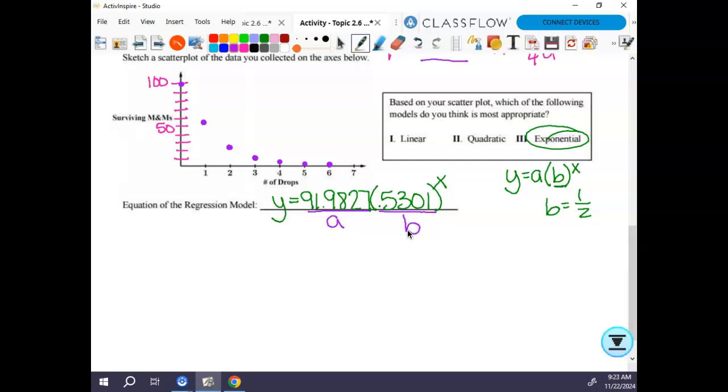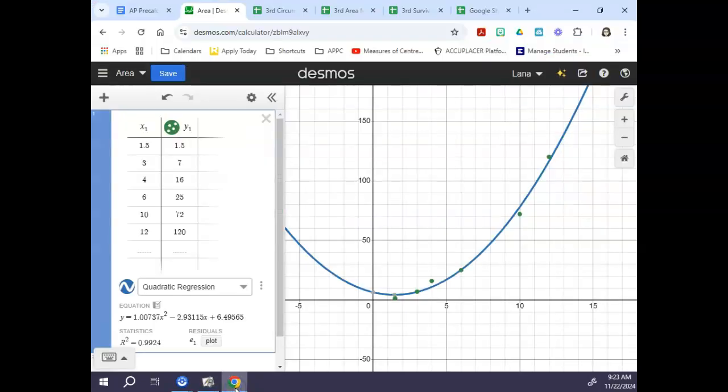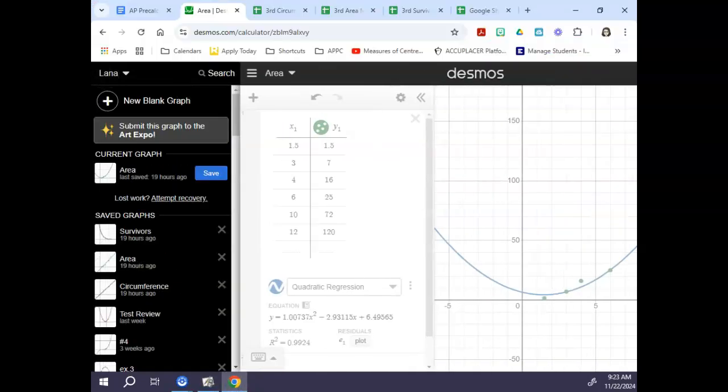Is your B in the 0.5 range? I would think it'd be pretty close to that. And what does A represent in these functions? The initial amount. So that should be at about 100, right? Mine's kind of far from 100, and I'm going to show you something else here in just a second. But it's 100-ish. Again, it's probability. Probably the 3 at the end is what really threw mine off. But okay, so if we look at our data, I think hopefully we all have our data in there now.